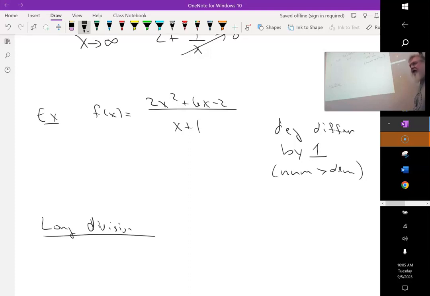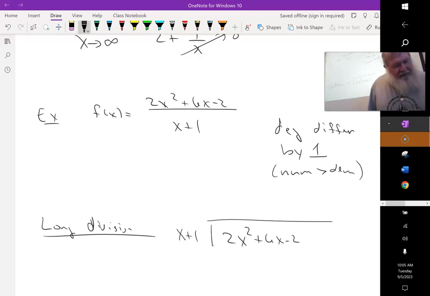All right. Now, some of you haven't probably done long polynomial division in a long time. It doesn't get covered very often anymore, partly because only those students going on to calculus really need to do it much, and we'll do it here and there. So let's take the numerator, 2x squared plus 6x minus 2, and let's divide it by the denominator, x plus 1.